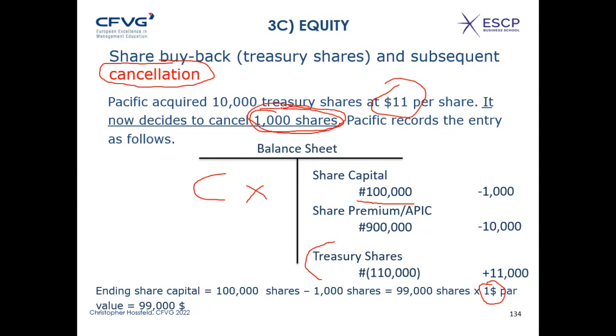What do you think is the impact on the market value of those shares if you delete 1,000 of those shares? Any idea? What happens to the market value when you reduce the number of shares?